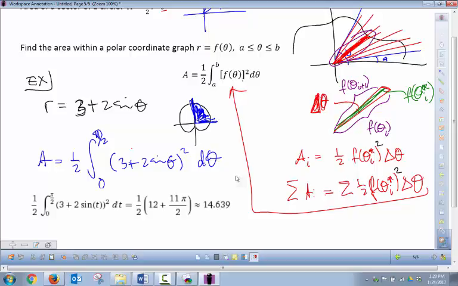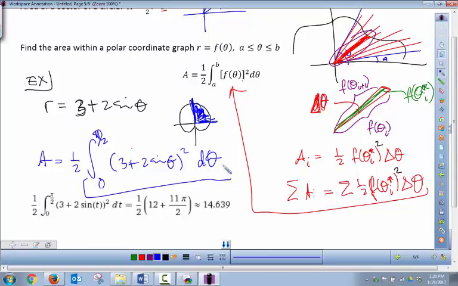If you're going to integrate by hand, you've got a sine squared in there. That's usually not very nice, but you know how to do that, or at least you've seen it before. Are you going to expect us to integrate it by hand, or as long as it's set up, we can calculate it with the calculator? My deal is I usually look for the setting up of the integral. That's the most important part. Then I may ask you to punch it in your calculator to get a value.